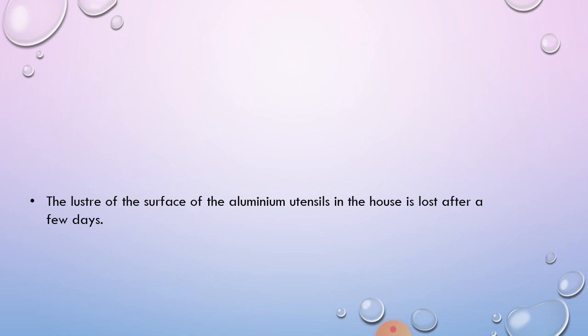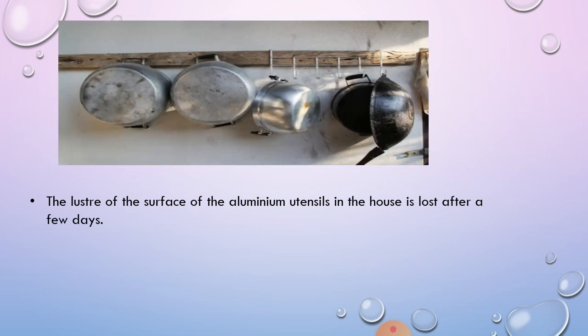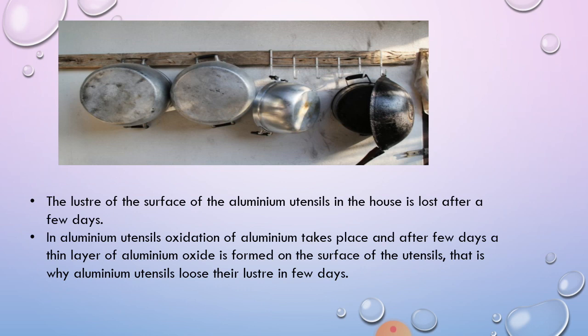The shine gets lost. Why does this happen? In aluminium utensils, oxidation of aluminium takes place, and after a few days a thin layer of aluminium oxide is formed on the surface of the utensils. That is why aluminium utensils lose their luster in a few days.